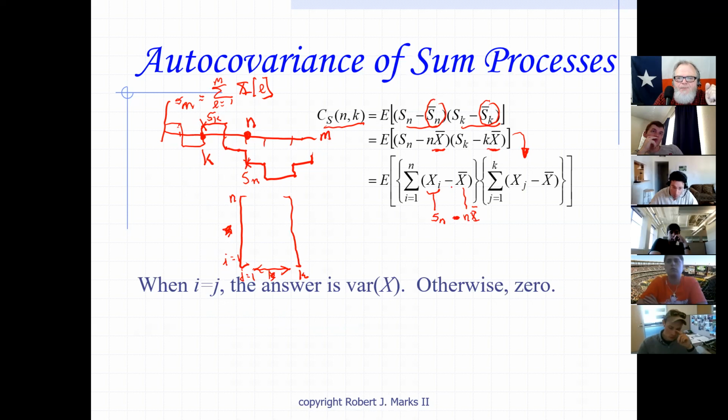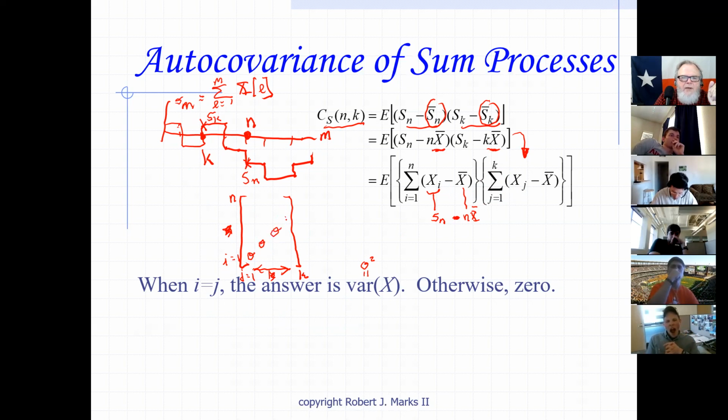Now look at this. When i is equal to j, we're looking at each one of these terms, then we just have the variance. So we have the variance of x. Let's call this sigma squared, if you will. So when i is equal to j, let's say here, j is equal to 1, i is equal to 1. It's there, it's there.